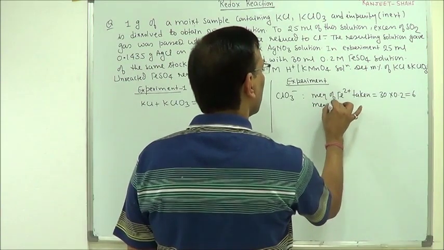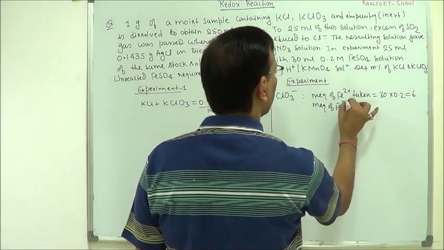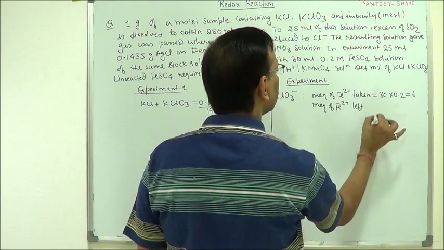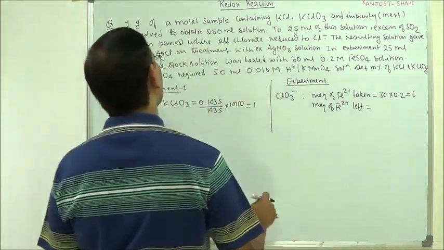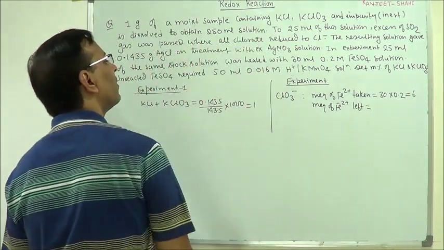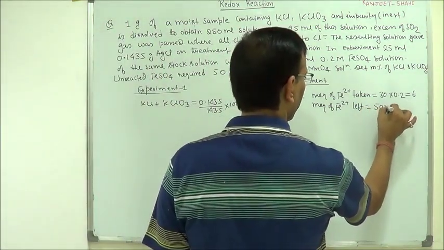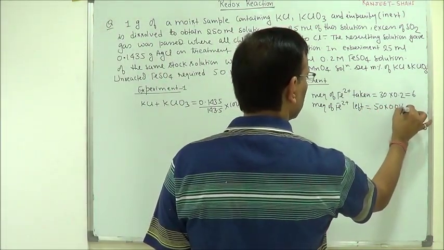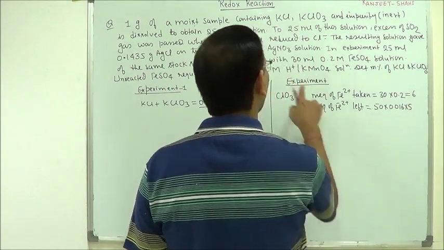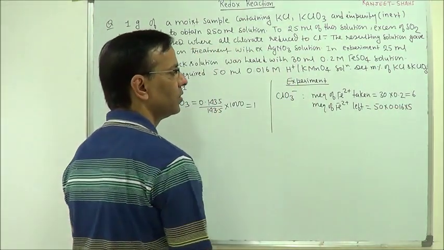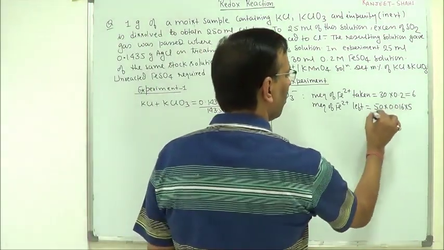Milliequivalent of ferrous sulfate left unreacted is equal to milliequivalent of permanganate required after, that is 50 into 0.016 into 5, n factor is 5, so it is 4.